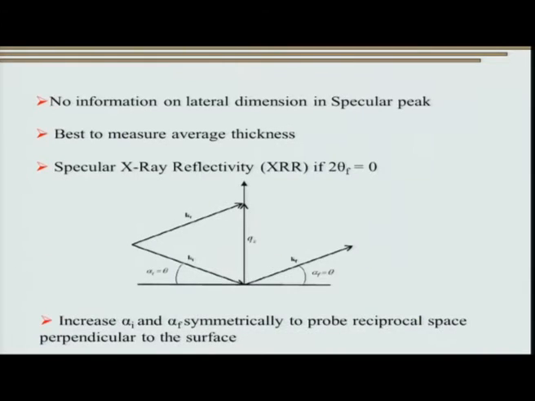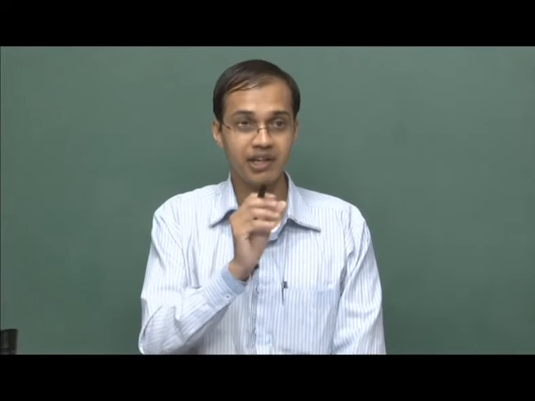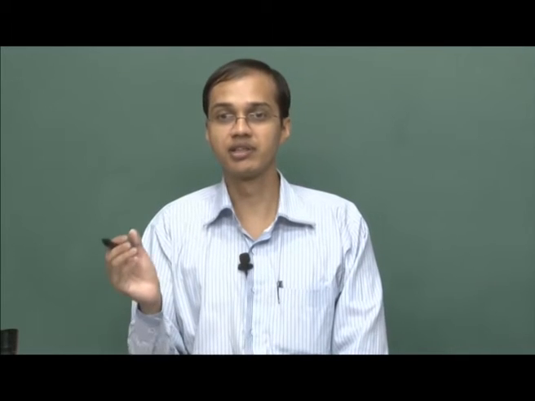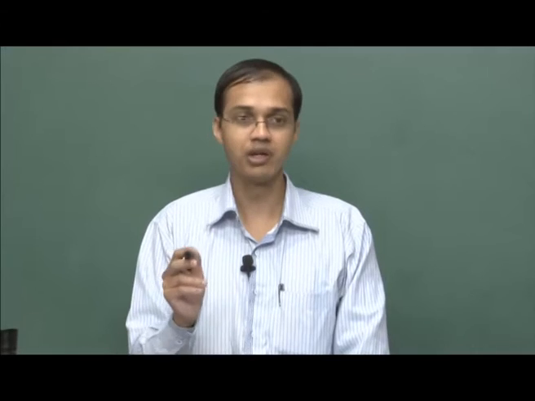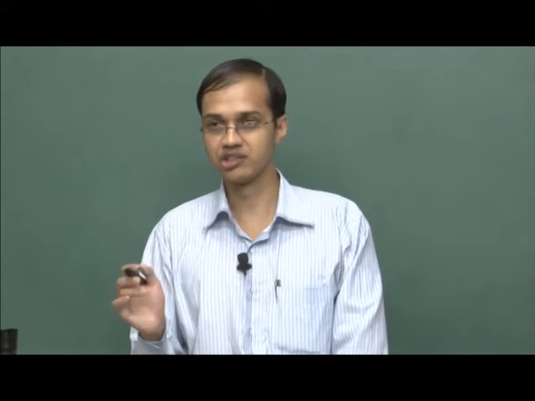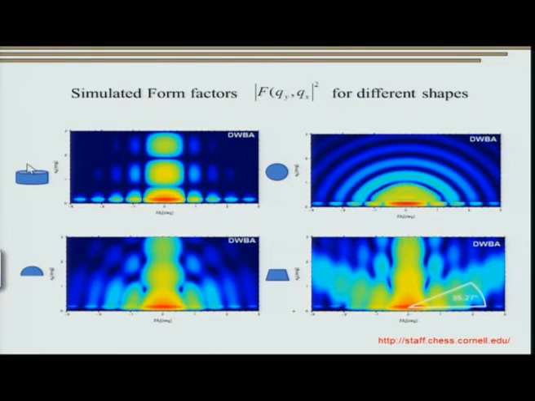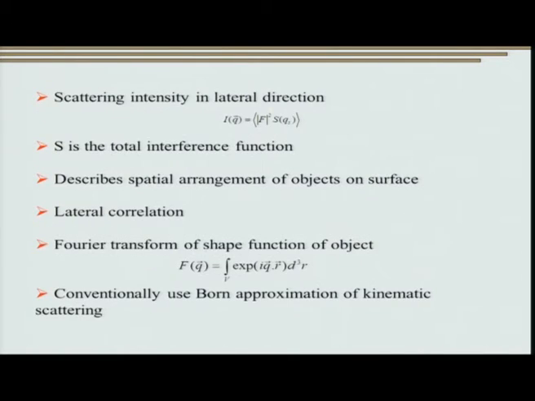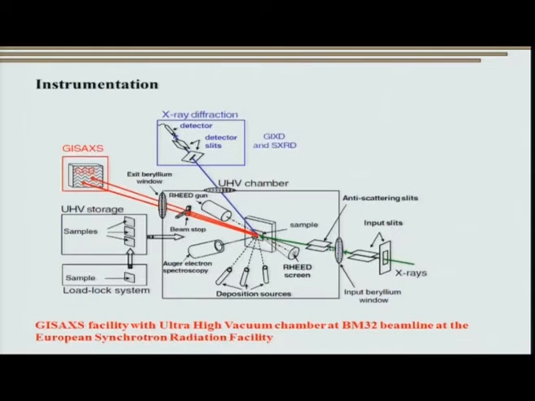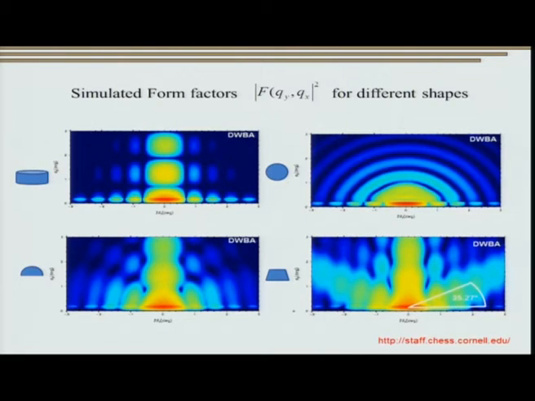For the form factor, we know that if you have a particular shape in real space, it can get transformed into reciprocal space. This is just a simple Fourier transform of the shape under consideration. So, in the first figure, if we have a cylindrical shape, we get a particular pattern. I would like to mention that this takes into account the distorted wave Born approximation, which accounts for different reflection and refraction conditions.